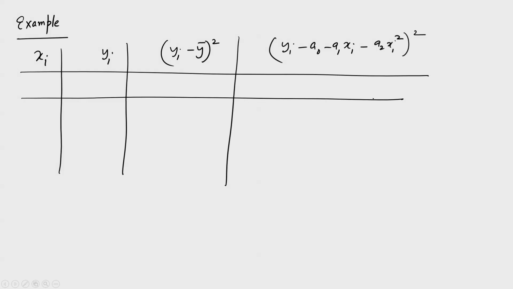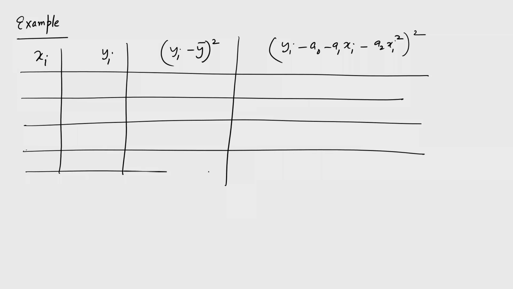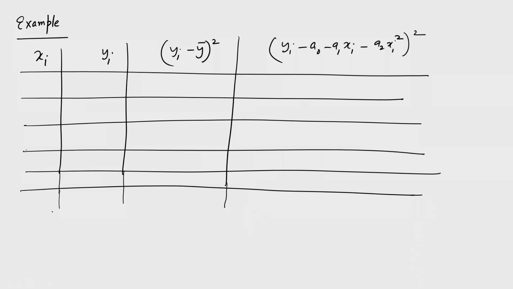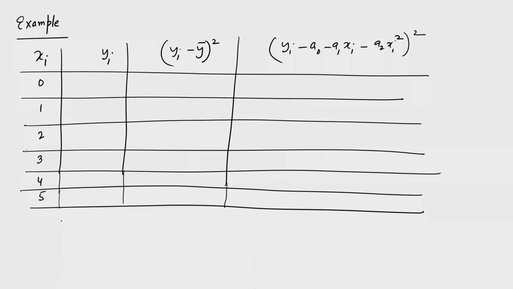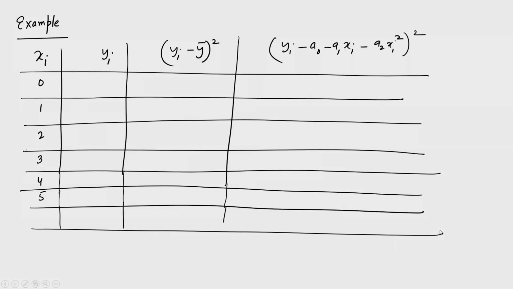So, 1, 2, 3, 4, 5, and here we write down the results of that. So, this is 0, 1, 2, okay, we have 6 data points, 3, 4, 5, and we need a little more space here in order to calculate these sums and all that.